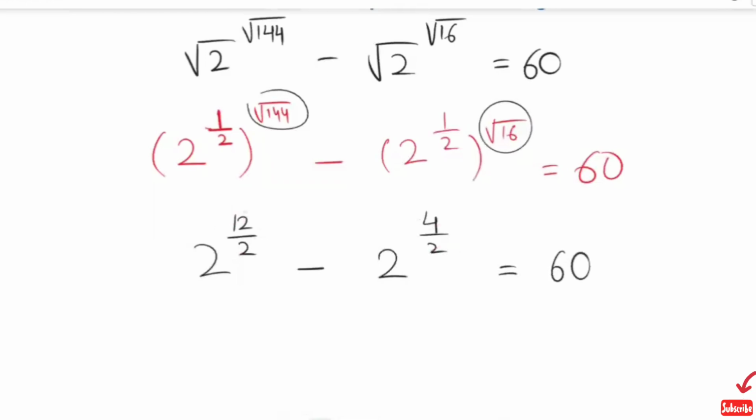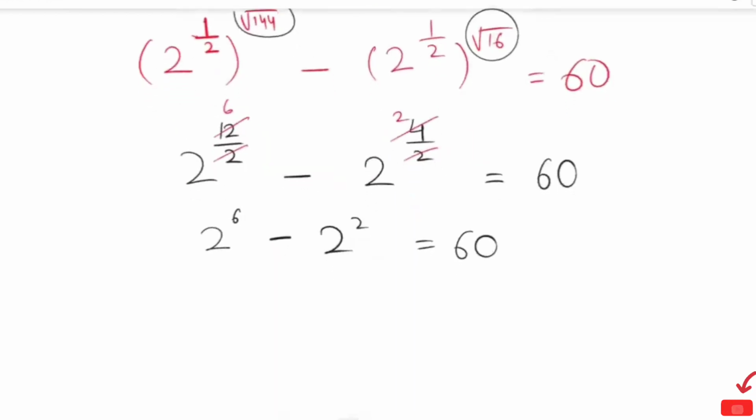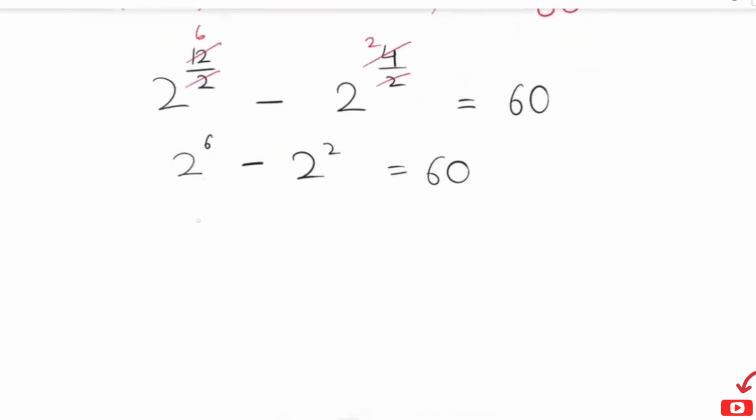This I will simplify: 2 six times, and this 2 two times. So this can be written as 2 to the power of 6 minus 2 to the power of 2 is equal to 60. 2 to the power of 6 is equal to 64, minus 4 is equal to 60. Here 60 is remaining, equal to 60.